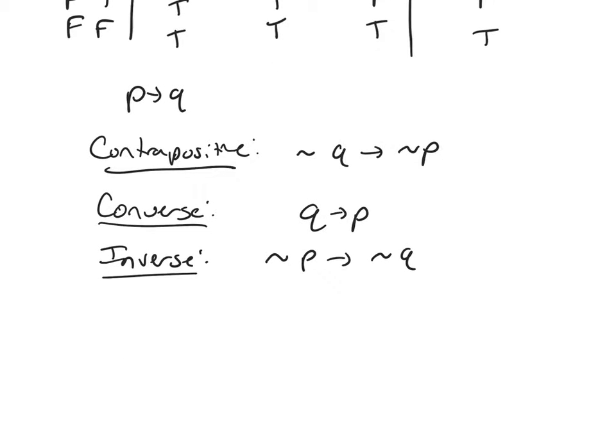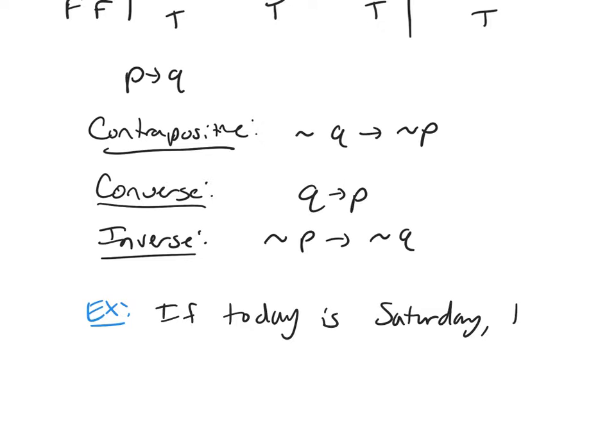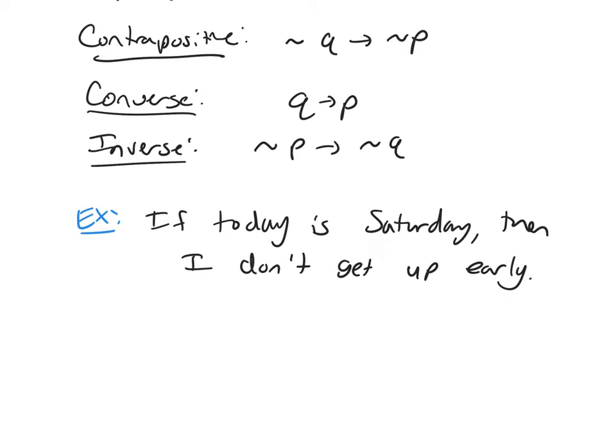You leave them where they are, but you negate each piece. So let's look at an example where we write these down. Okay, so let's say I'm looking at the statement, if today is Saturday, then I don't get up early. So what would the contrapositive be?